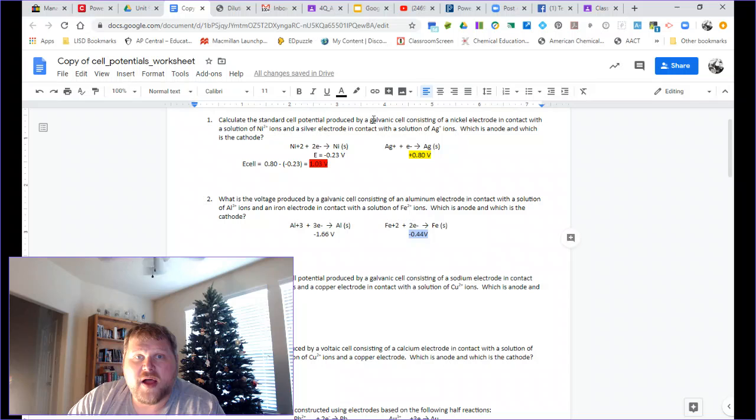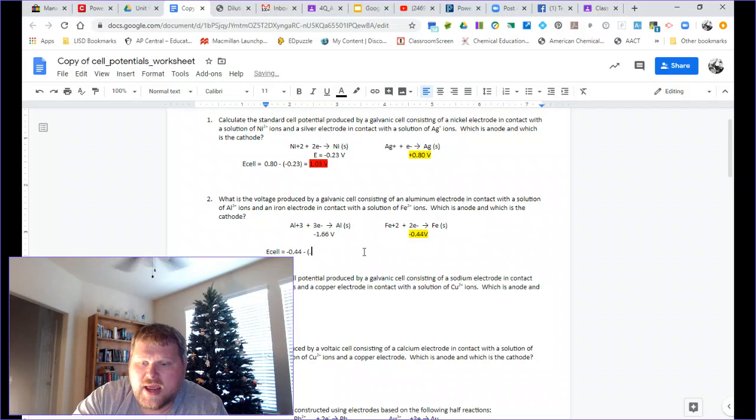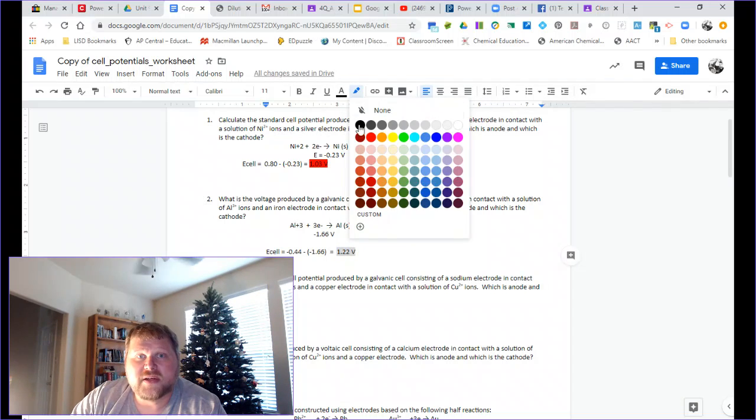The most positive of the 2 will be my cathode. To figure out the voltage, E cell is going to equal negative 0.44 minus negative 1.66. So this cell will have a voltage of positive 1.22 volts. Once again, we have another spontaneous cell.